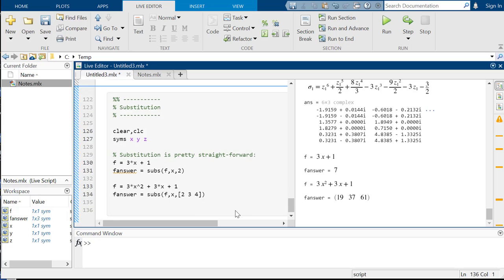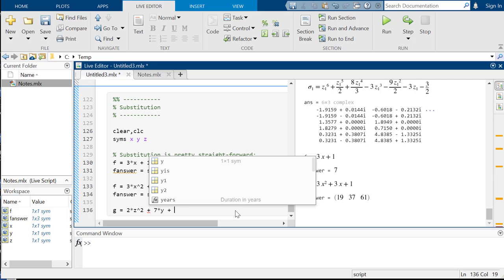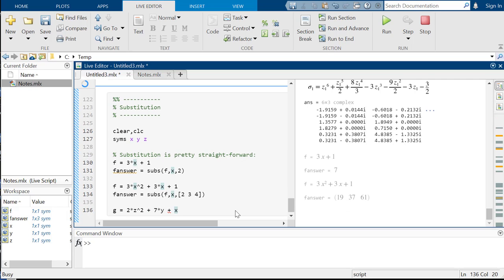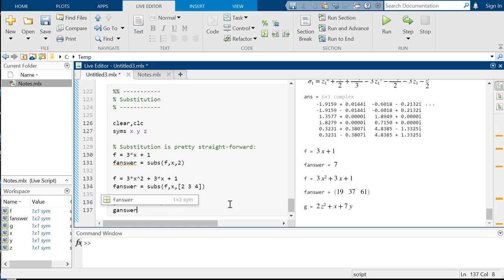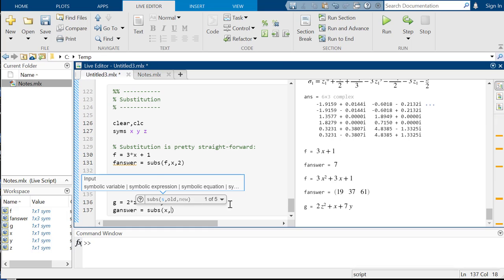Let's see, what else can I do? I keep using the number 3 because it's my middle finger left-hand thing. So z squared plus 7y plus x. All right, so I'm just throwing stuff out there. I can just substitute for x.